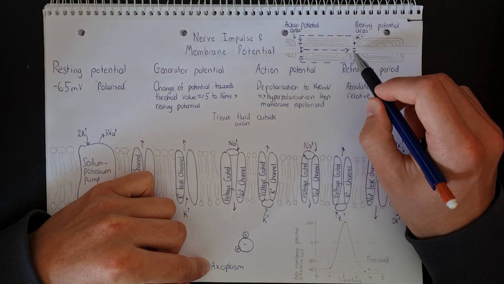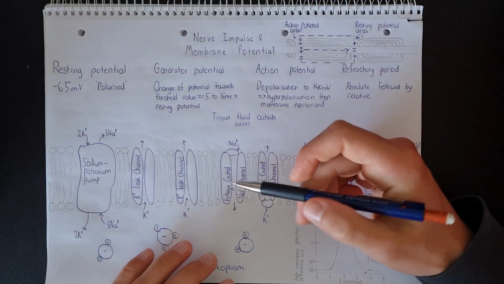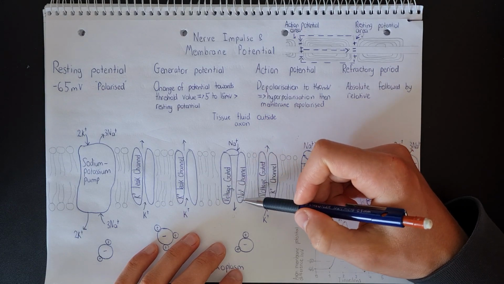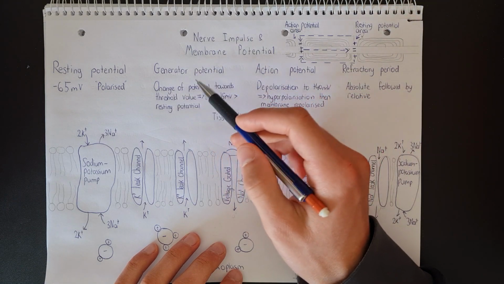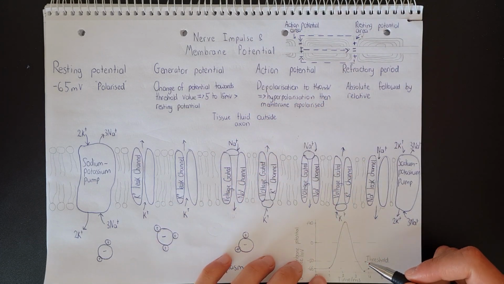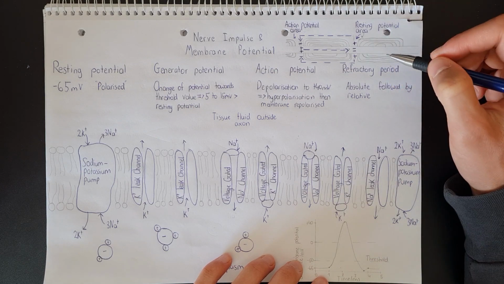Now, this movement of these ions will actually be what stimulates the initial voltage-gated sodium ion channels to open, allowing the generator potential to occur. Hopefully the threshold value will be reached for an action potential to then be stimulated.